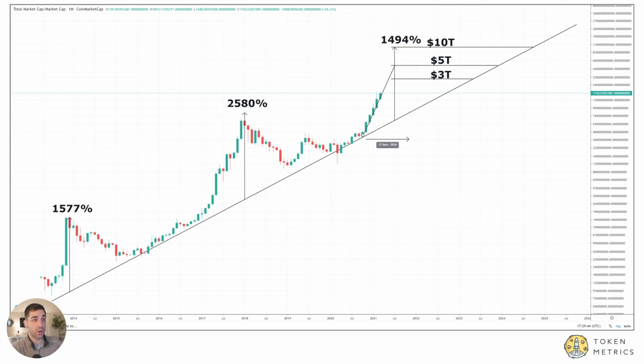And we are currently on a path over the last 6 months, right? These are monthly candles. We have departed our initial linear trend line, and we are headed towards roughly a $5 trillion market cap by sometime in July. Now, we don't know how long this bull market is going to last, so we can build several different scenarios.